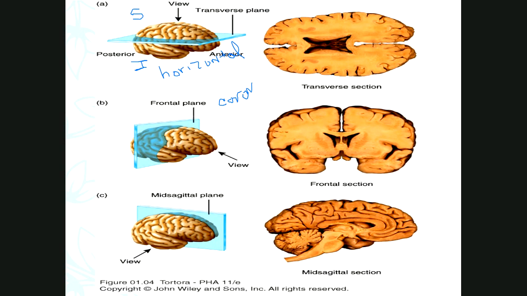And then a sagittal plane will divide the brain or the human body into a right and left side. Make sure you understand this. You can see images of this and also understand the terms.